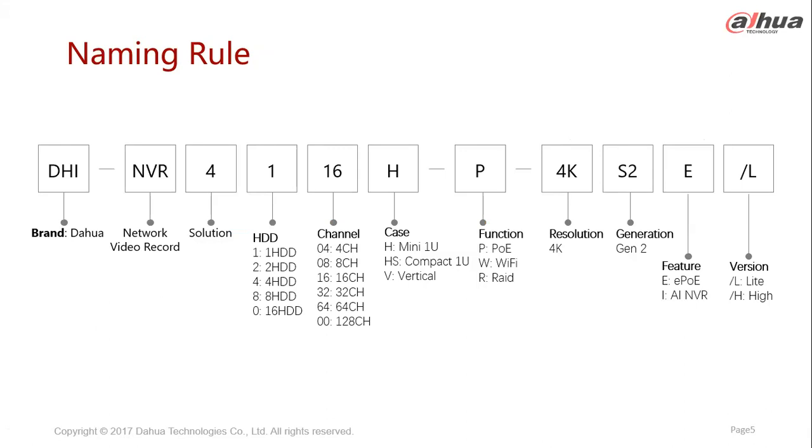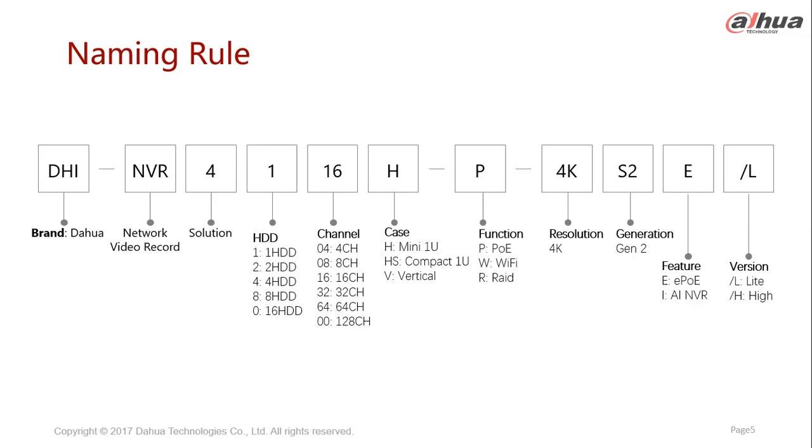So the naming rule for NVR applies to all NVRs. If you want to understand what function the NVR can do, you can check by checking the brand. The first name DHI or DH means that's a Dahua brand, and NVR stands for network video recorder. So 4, 5, that is the series.